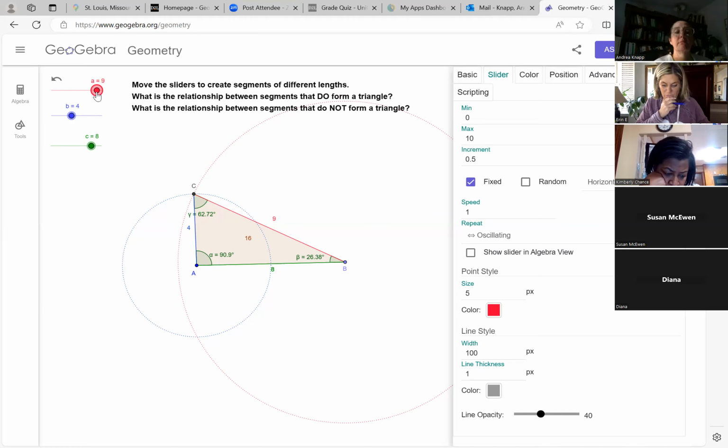Unique meaning that it would continue to be the same triangle? Yeah, so like what we have here, we have a triangle with sides 4, 8, and 9. Can I make a different triangle with sides 4, 8, and 9 where the angles are different? I would think yes. I don't think so, because it would still be the same triangle, just rotated.